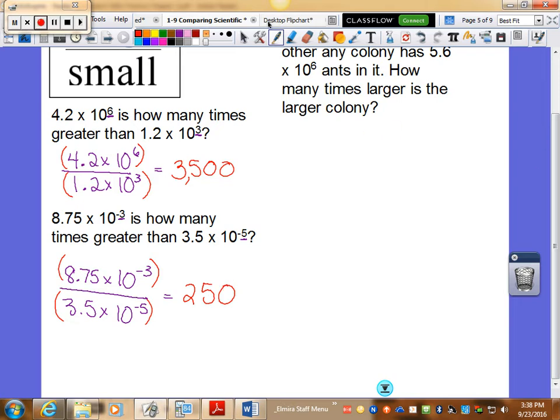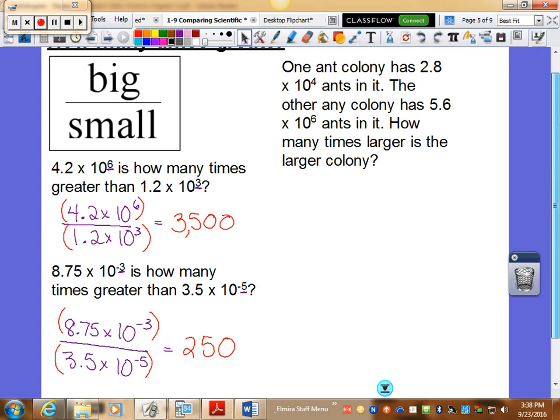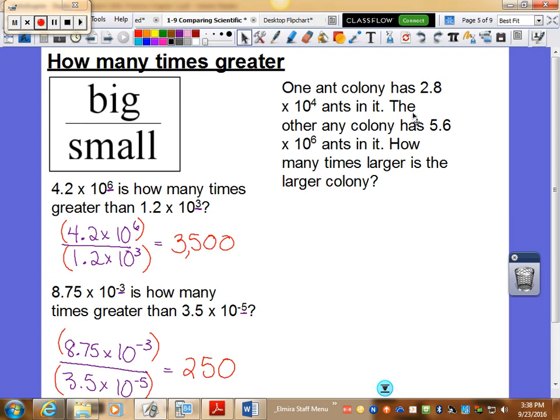Let's say we have an ant colony. One ant colony has 2.8 times 10 to the 4th ants in it. The other ant colony has 5.6 times 10 to the 6th ants in it. How many times larger is the larger colony?